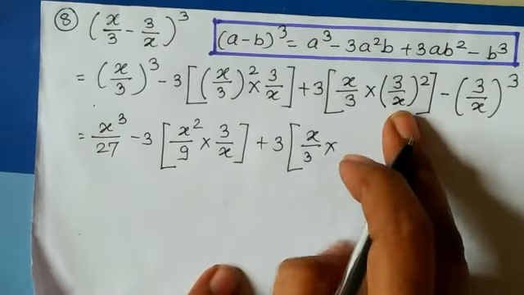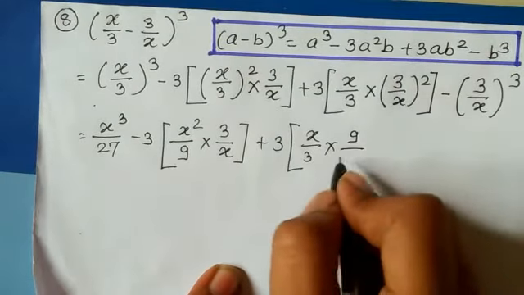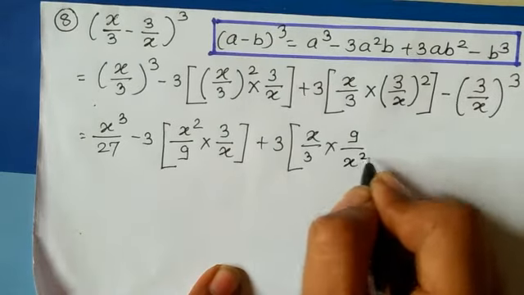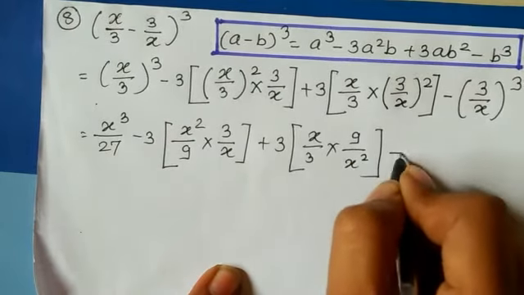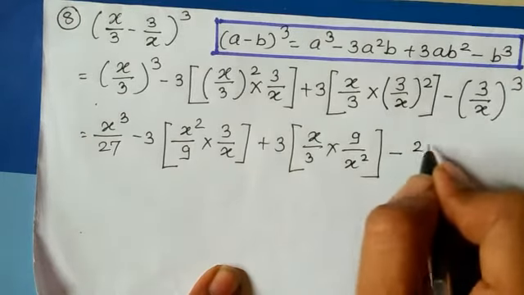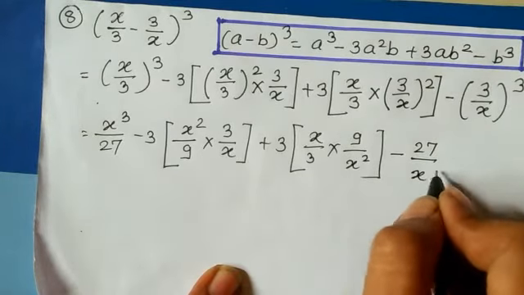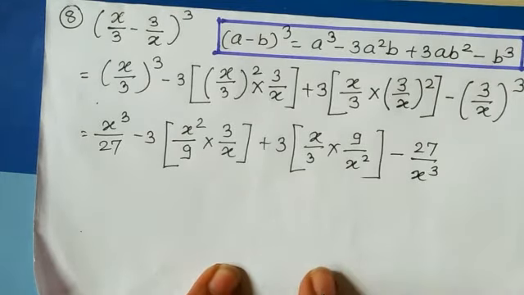Make the square of this term. The square of 3 will be 9, the square of x square, bracket complete, minus the cube of 3, 27, upon the cube of x, which will be x raised to 3.